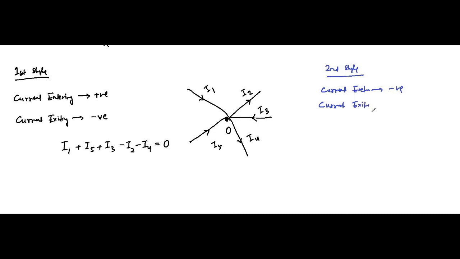So as per that, for the current entering, minus I1 minus I5 minus I3, plus I2 plus I4 for the ones that are exiting, which are positive. This is 0. Either way it is correct, because if we take I2 and I4 to the other side, I1 plus I5 plus I3 is equal to I2 plus I4, and here also it is the same.